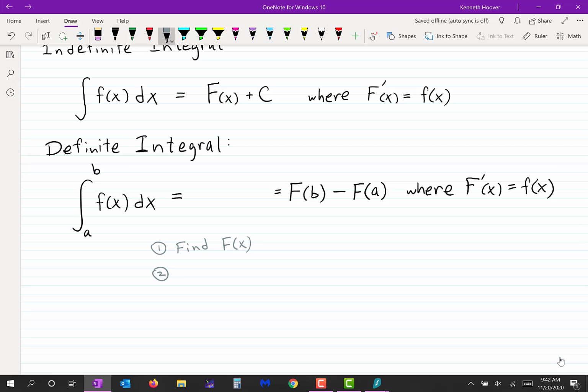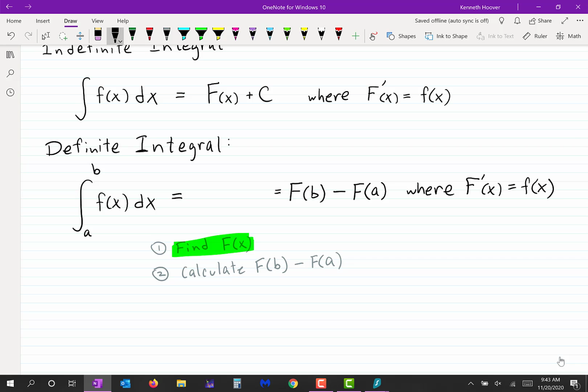And then number two, you need to plug in b and a to calculate the antiderivative at b minus the antiderivative at a. So there's really two things you have to do. And generally, you find the antiderivative, and then you're going to want to write that down so that you don't forget it. Or if you're being graded, you want your professor to see the work you've done. So you're going to want to write down the antiderivative and then plug in the numbers b and a.